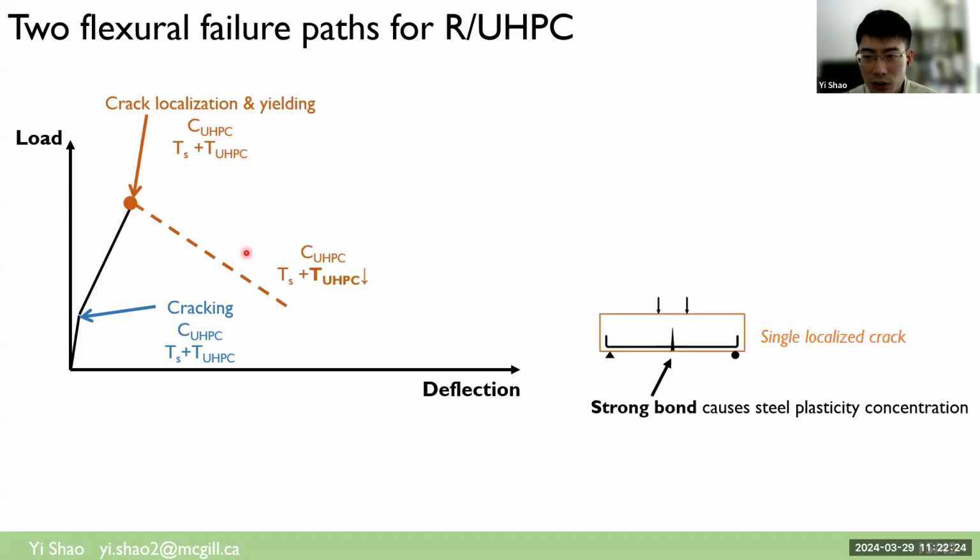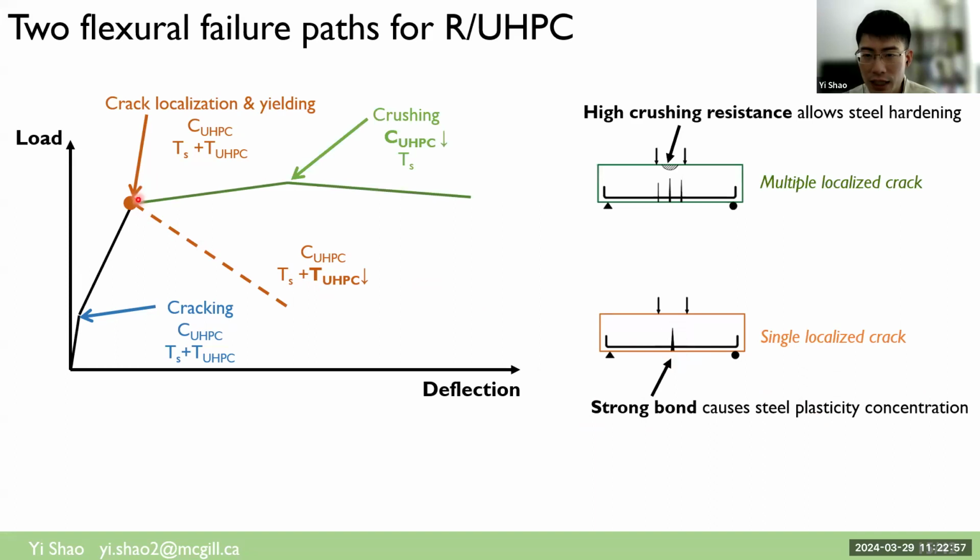After crack localization, the UHPC tension force carried by the fiber will start decreasing. If the steel rebar hardening capacity cannot compensate for this tension capacity loss of UHPC, then the entire load capacity of the beam will decrease. And because the flexural stress decreased after cracks localized in the weakest plane, we can only form a single localized crack, and strong bond will cause plasticity concentration and early fracture.